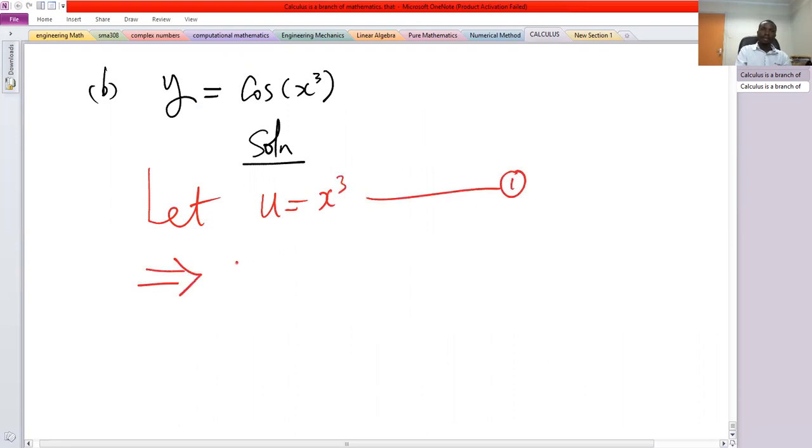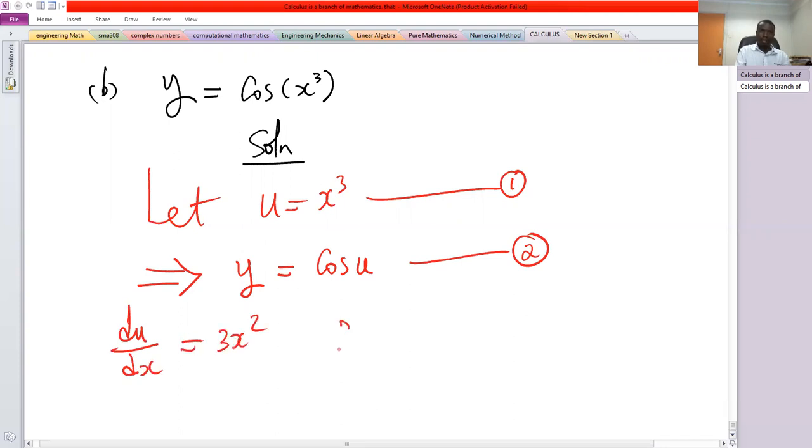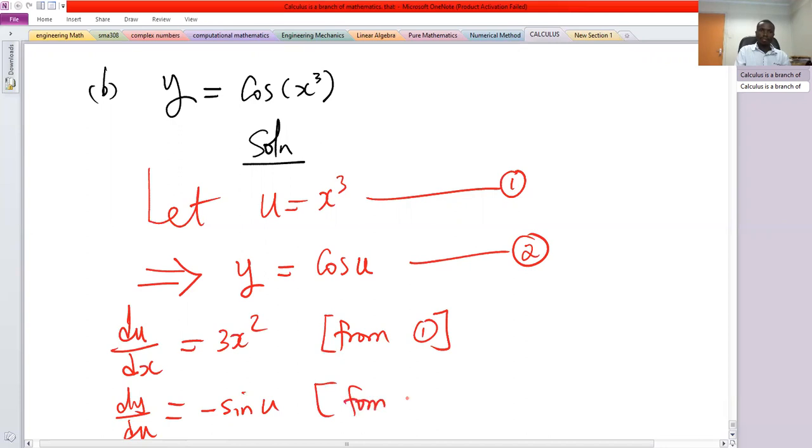That means y will be cos of u, put here u now. So du dx is 3x squared, this from 1. And dy du, differentiate a cos, you get a negative sign from 2.